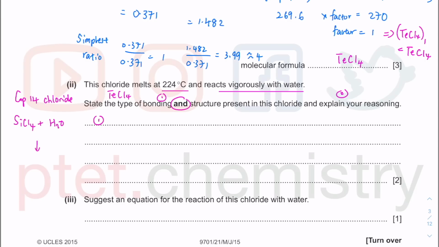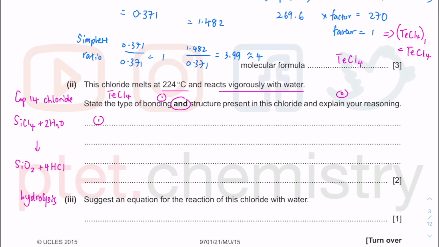I'm not saying silicon is above tellurium, but I'm saying that you know about period 3 chlorides, and they give you SiO2 and HCl, balancing every single equation you write. This is what you call hydrolysis.